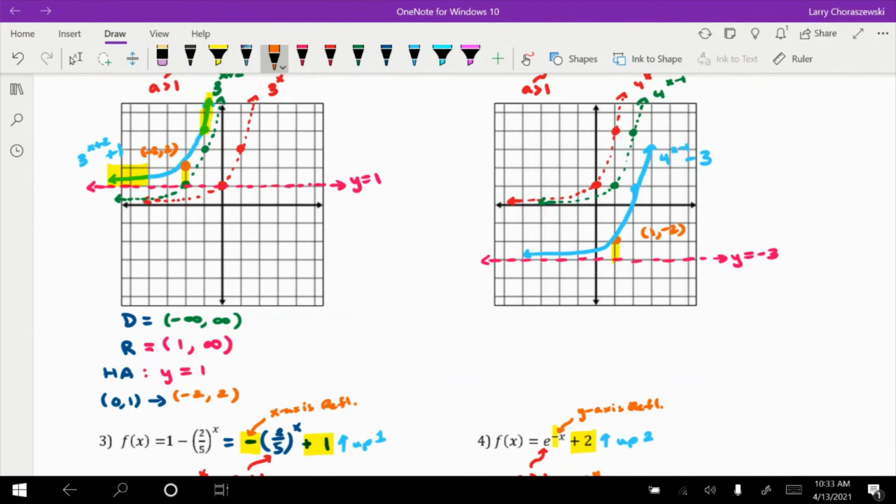And I'm going to give you guys some time to see if you can come up with these results for graphs 2 through 4. As a reminder, that's going to be the domain, the range, the equation of the horizontal asymptote, and the new location of 0, 1.